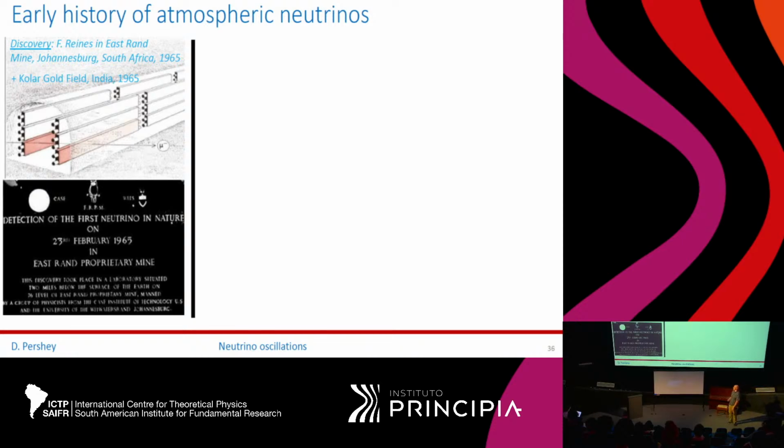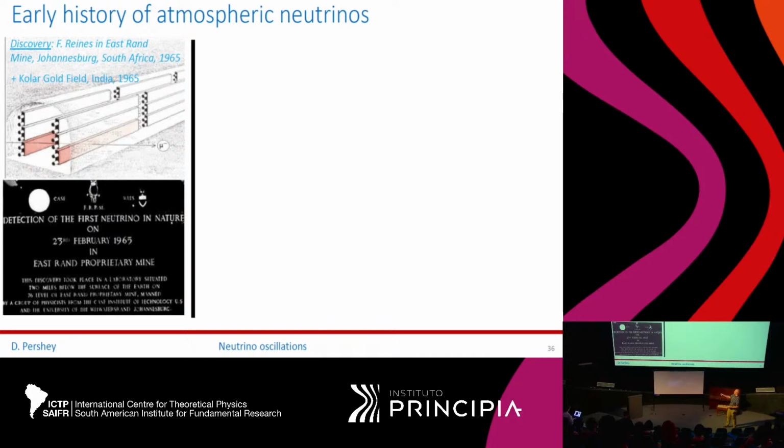Yeah, so really early history. Atmospheric neutrinos were actually discovered before solar neutrinos, back in 1965. This was in a gold mine down in South Africa, where they had two parallel sets of scintillators stacked on top of each other.